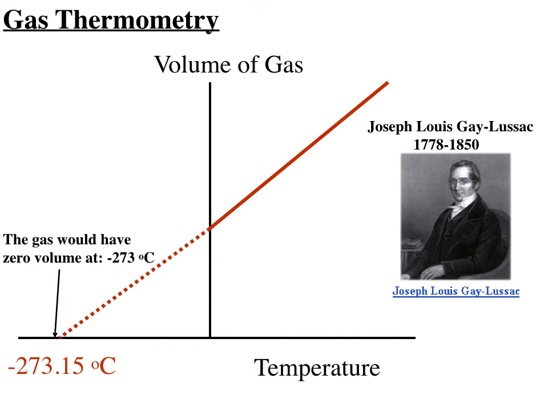Now, it turns out that Gay-Lussac didn't quite understand the nature of gases, and they weren't quite worked out completely yet. They didn't quite understand that the gas would condense before it would vanish. As the molecules slow and slow and get closer and closer together, they also have intermolecular force that makes them stickier to one another.